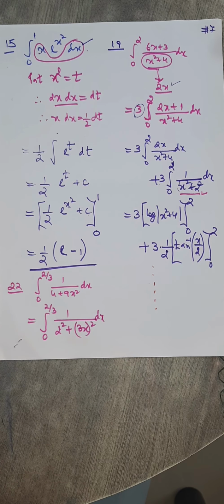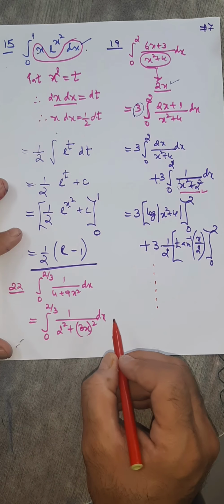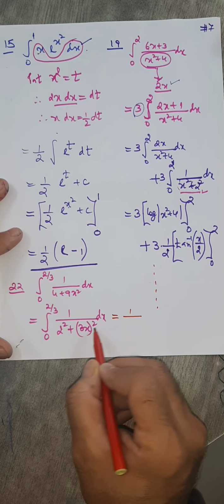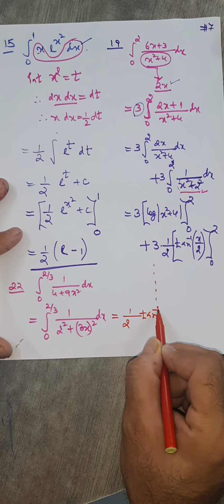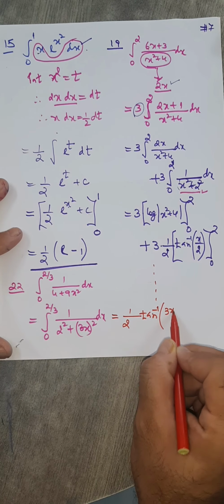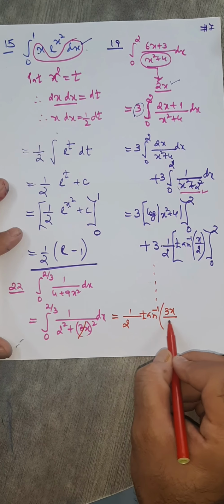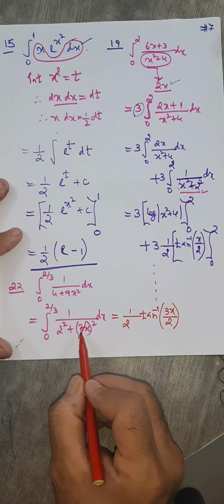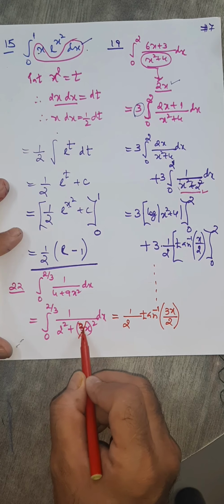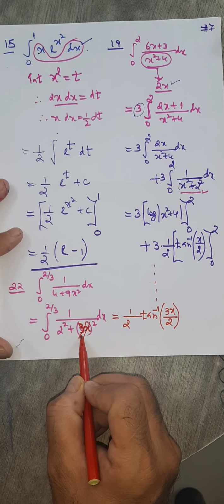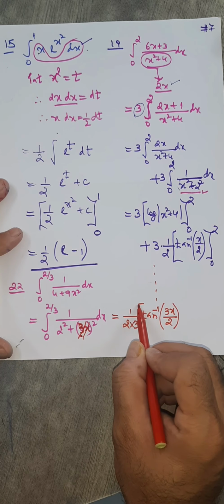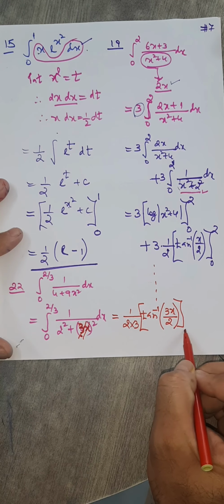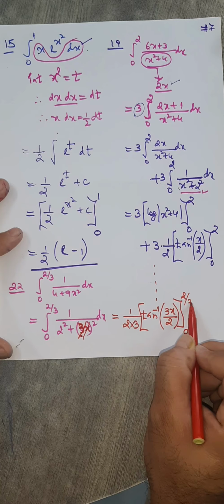Now which formula is this? 1 upon x squared plus a squared. So you recall it is 1 upon a, 1 upon a means 1 upon 2, tan inverse x by a. Here x means 3x, this is your x by a. Don't forget to write upon 3, because this linear 3x you have considered as x, upon the coefficient of x, which is 3, so I'll write here 1 by 3. And the limits are 0 to 2 by 3.